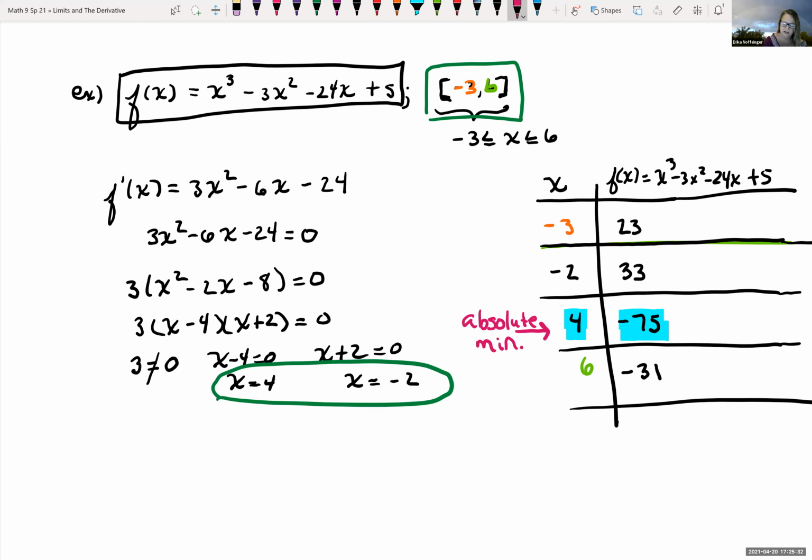And then looking at the smallest value that we get back, the smallest y value we have is 23, and that occurs when x is -3. So this is going to be our absolute... What did I just do? What am I thinking? That is not our absolute max, is it?